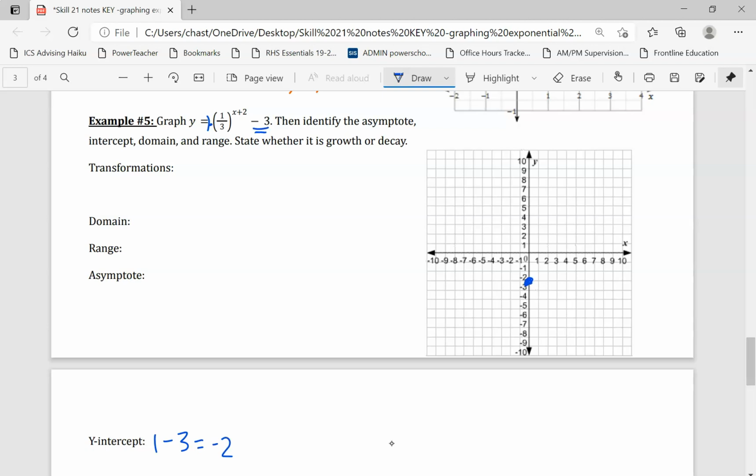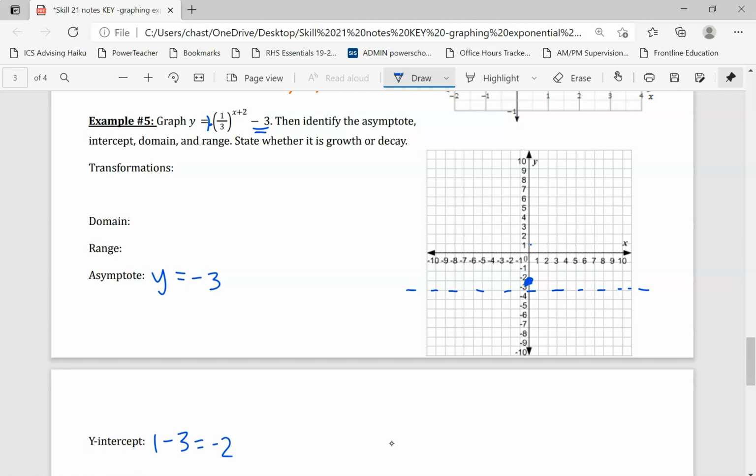I have a minus 3 for a k value at the end. So that is going to tell us that we'd shift things down 3. Normally we'd be up here. We're shifting down 3. Our asymptote would normally be at 0, so now our asymptote is at negative 3. Okay, so our asymptote is y equals negative 3.